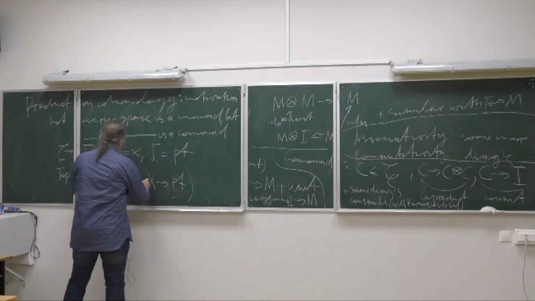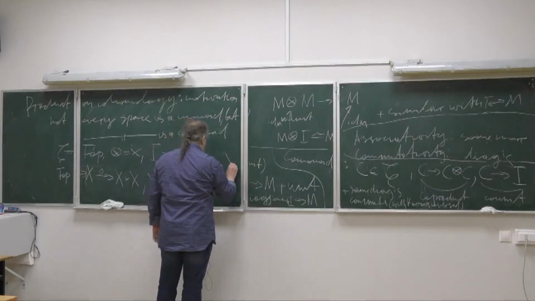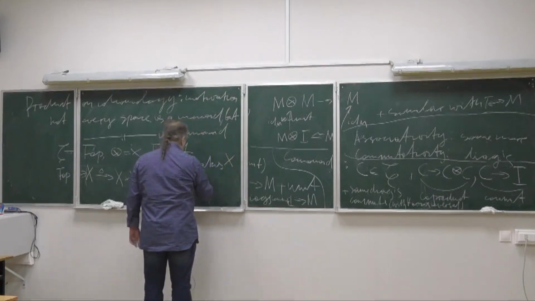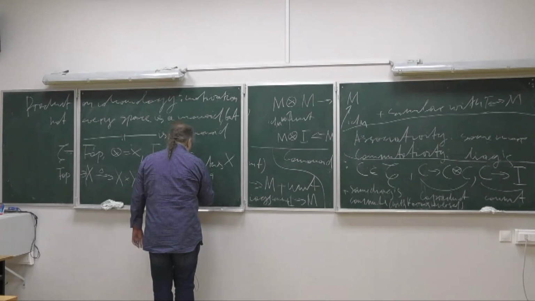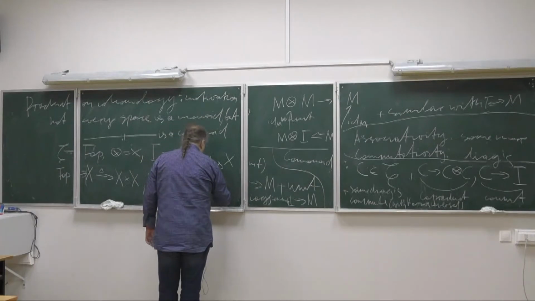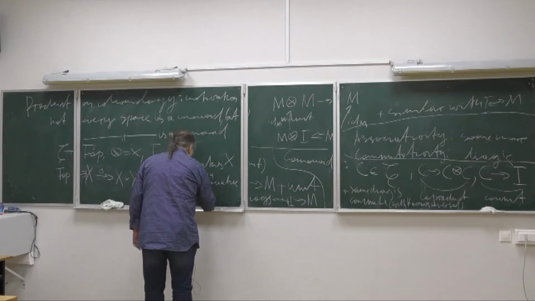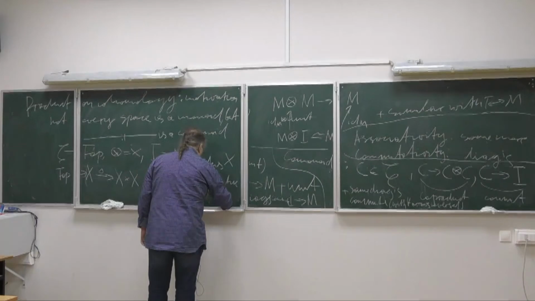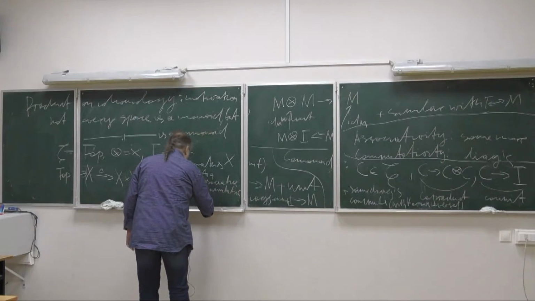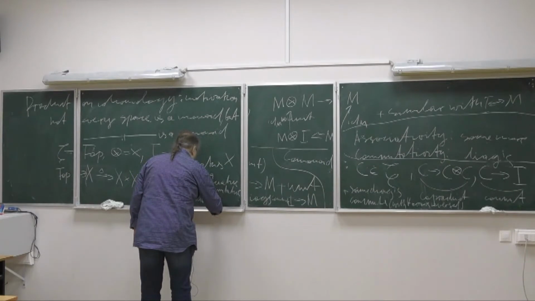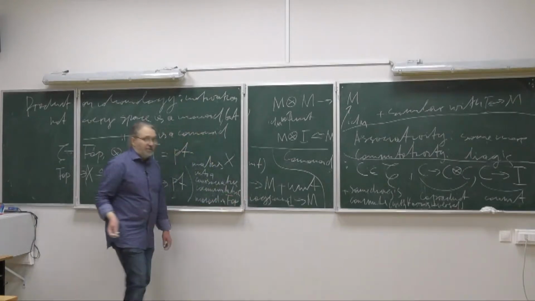So this data makes x into a co-associative, co-commutative comonoid on top.